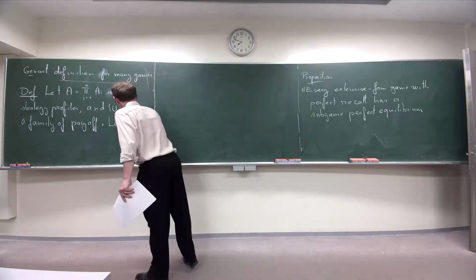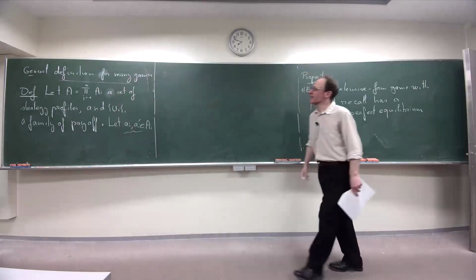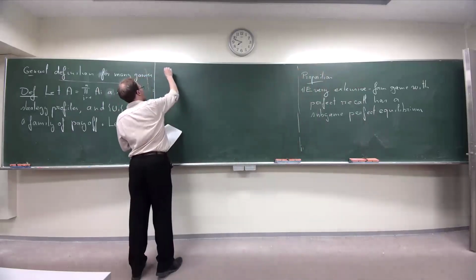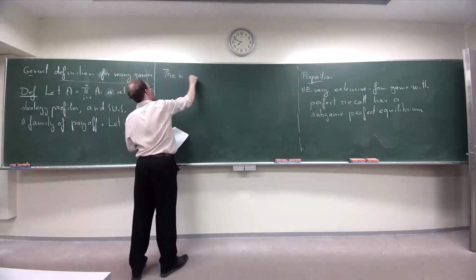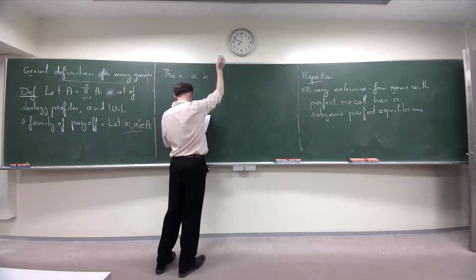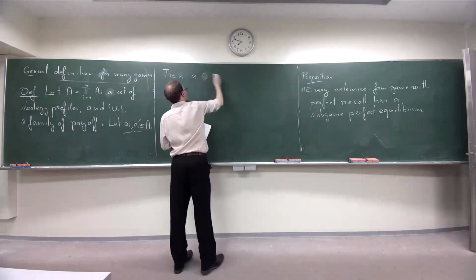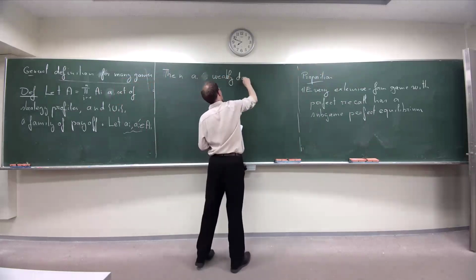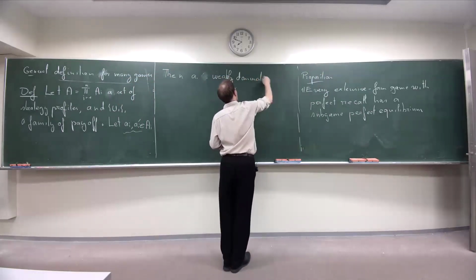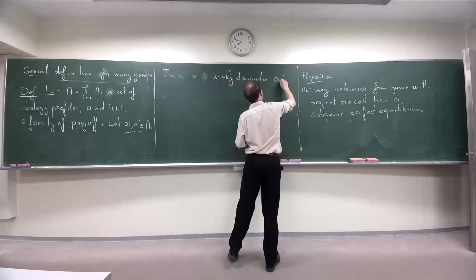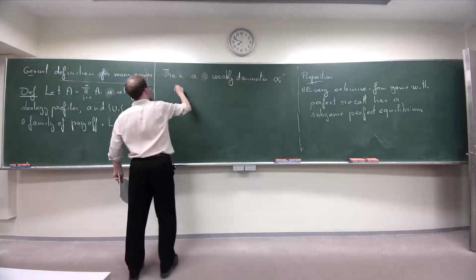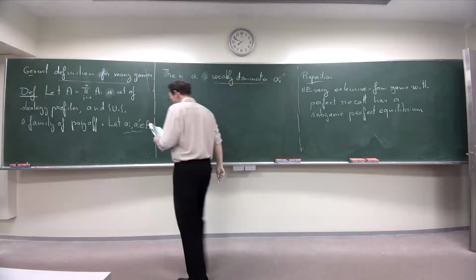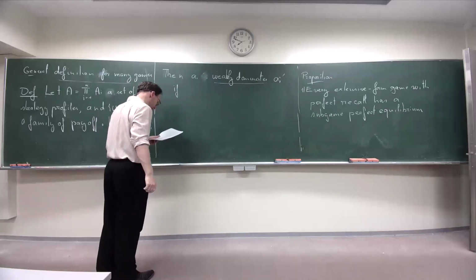So I consider two points or two strategies, and I'm going to say that a_i weakly dominates a_i prime if there are two conditions. So I give a definition of domination, weakly dominates.